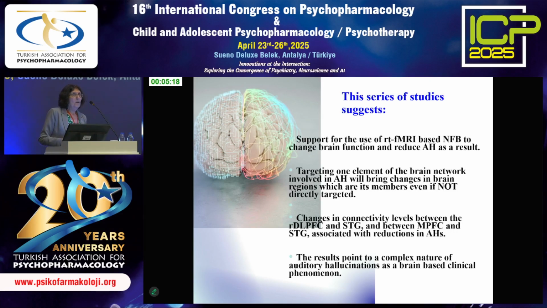And DLPFC obviously is involved in all kinds of control mechanisms. So you can actually see how the interactions between the brain region which carries sensory information, such as secondary auditory cortex, interacts with these higher order cognitive brain regions, resulting in this really complex phenomenon, which is auditory hallucinations in this case.